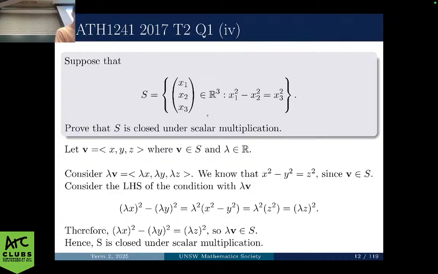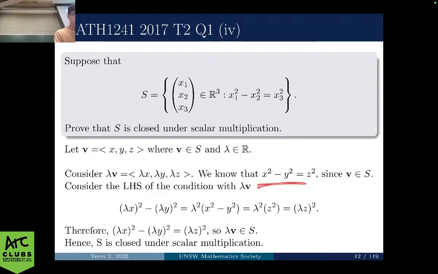We know that here is my expression: x1 squared minus x2 squared equals x3 squared. And just because we call this x, y, z, x squared minus y squared equals z squared. Hopefully that's fine. And once I multiply by lambda, I just swap all of these terms out with a lambda. So I have lambda x squared minus lambda y squared. Of course, from this, I can just factor out a lambda.